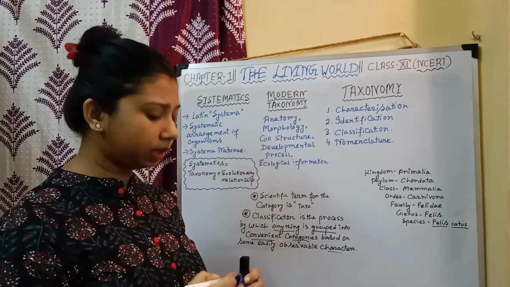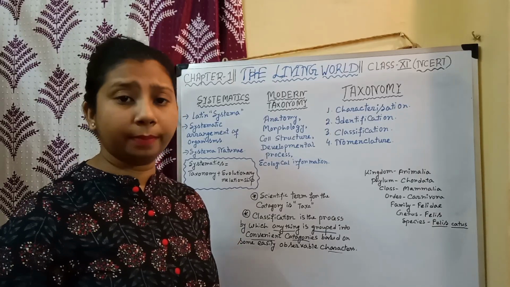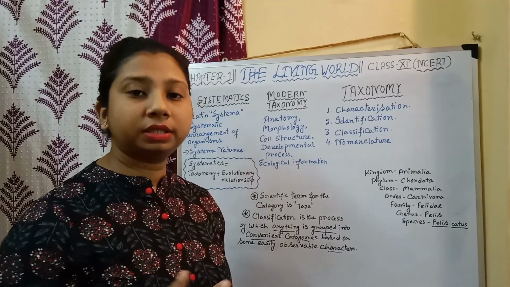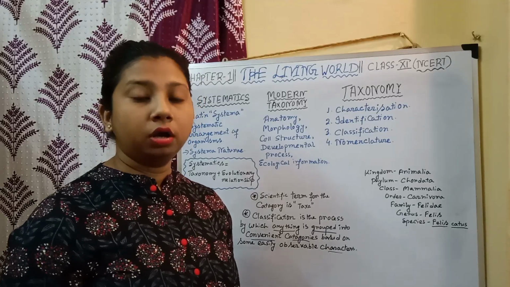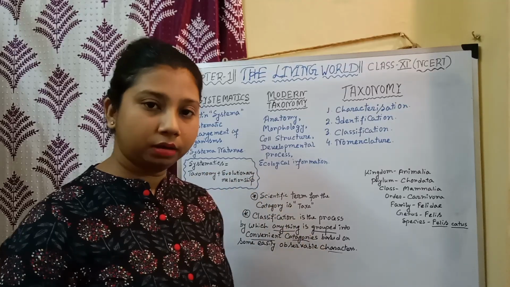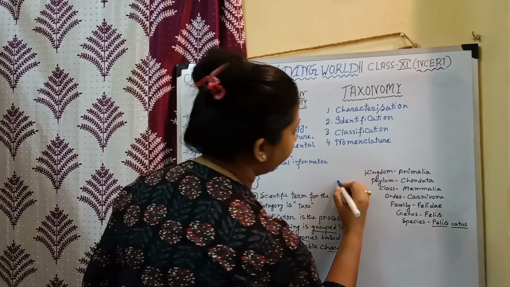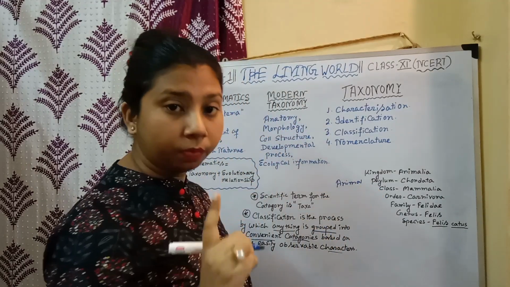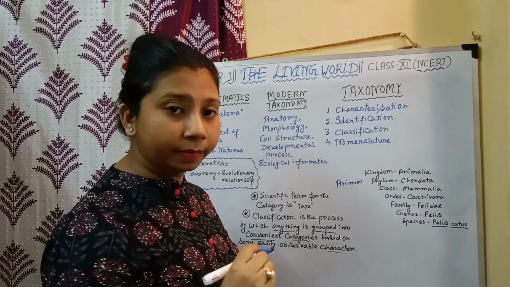Let's understand this with an example. By pointing towards a cat, if we ask you what is this, some of you may answer that it is an animal. Some of you may answer that it is a mammal.